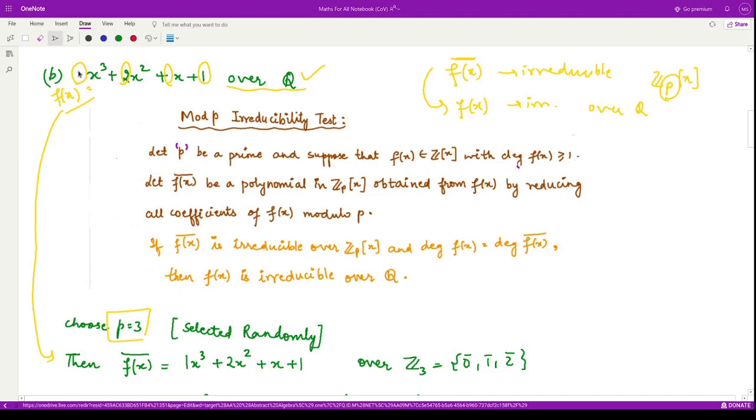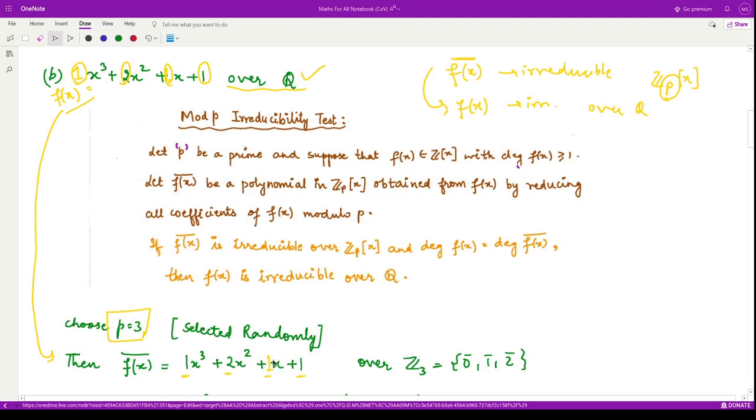When you divide 1 by 3, the remainder is 1, so this is unchanged. Dividing 2 by 3 gives remainder 2, unchanged. Dividing 1 by 3 again gives remainder 1, and again remainder 1. Therefore this polynomial is the same when we take p to be 3. No problem in that.